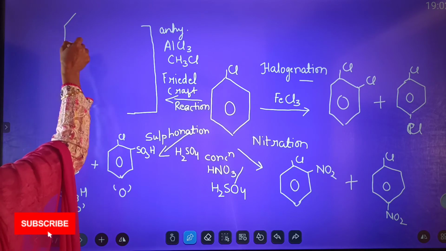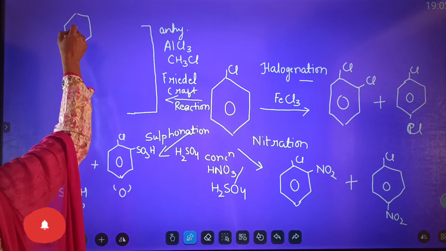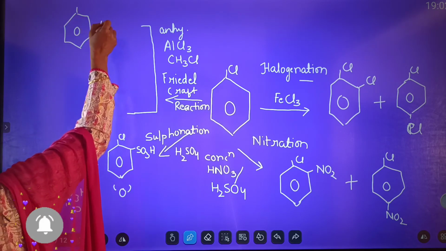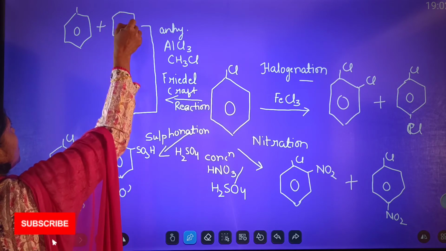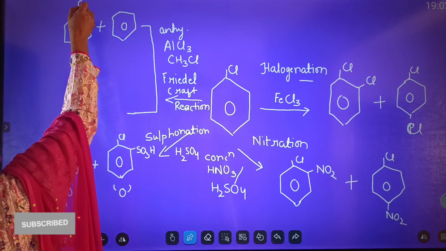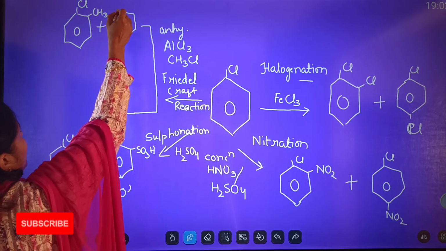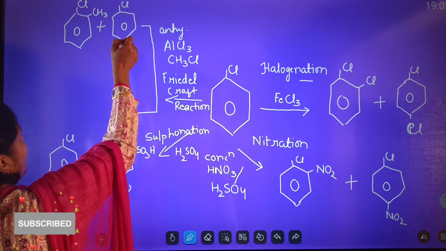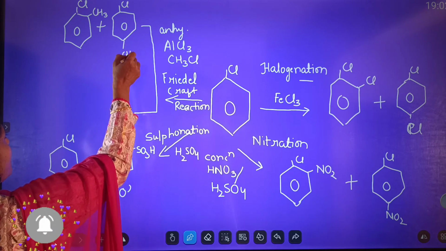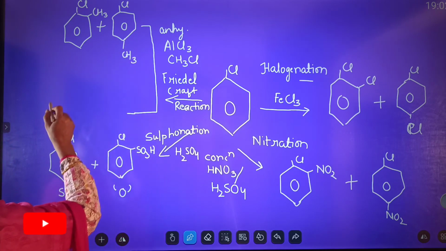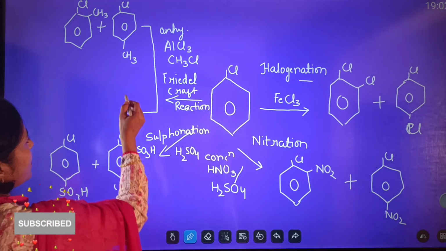So when we react halobenzene with it, we again get a mixture of the two products. CH3 group will attach itself at the ortho position, and in the second it will attach itself to the para position.